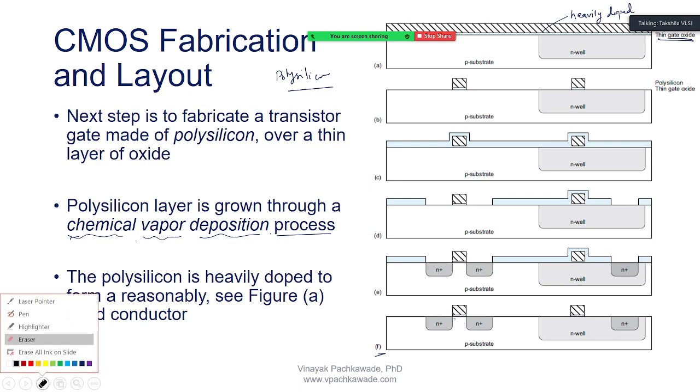Right, so we've seen that we have this N-well, and we grow the thin oxide layer, and on top of that polysilicon is grown by a chemical vapor deposition process. And we know that it is heavily doped so that it will act as good as a metal. Why don't we use metal nowadays? In earlier transistors, 3 or 4 decades ago, they used metal, but now technology has advanced, so we use polysilicon.